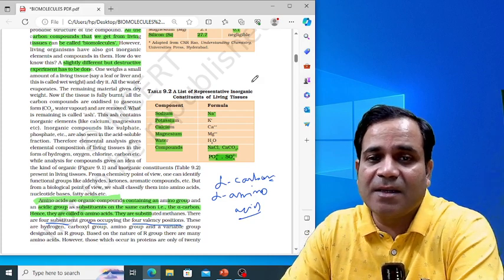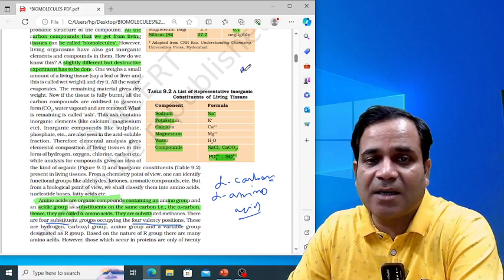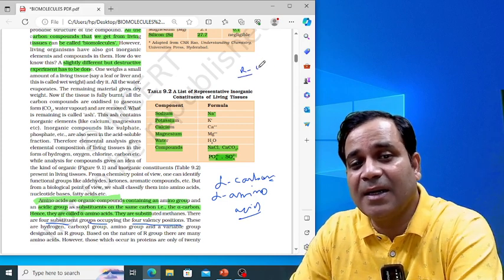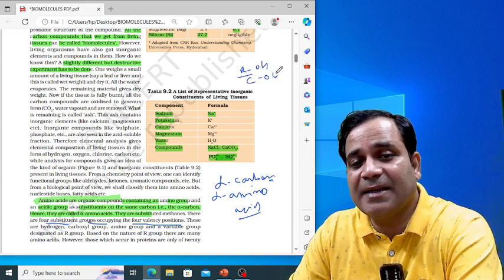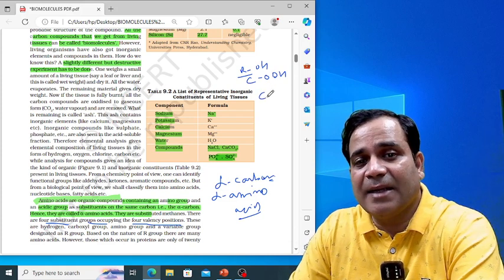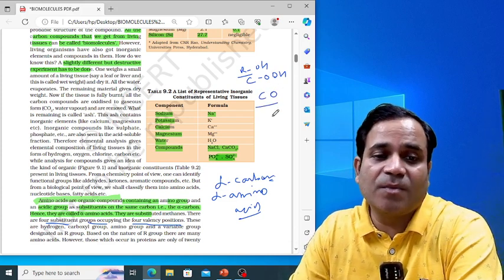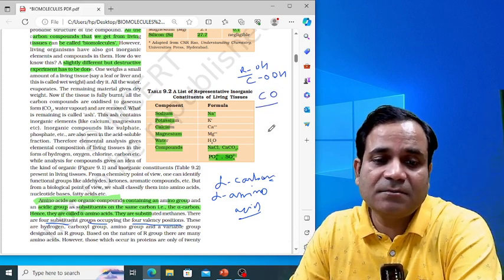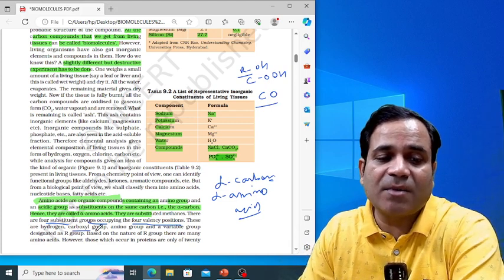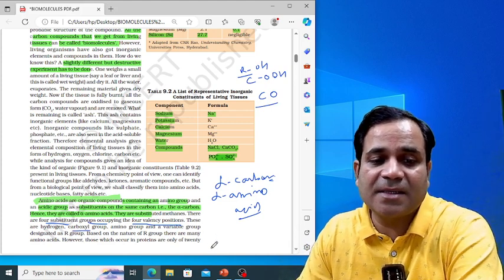Whenever we put the R group here, we put either alcohol, carboxylic acid, or a CO ketone group, whatever. Getting my point?